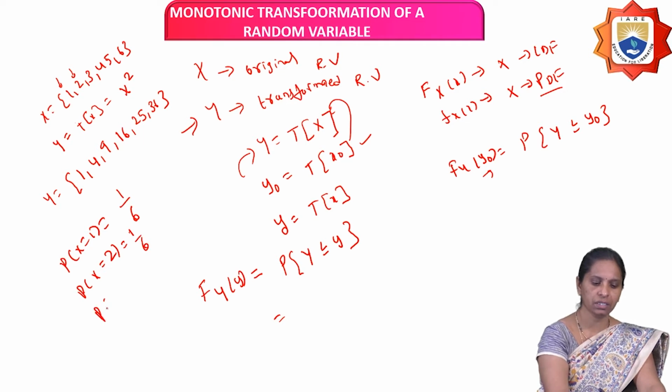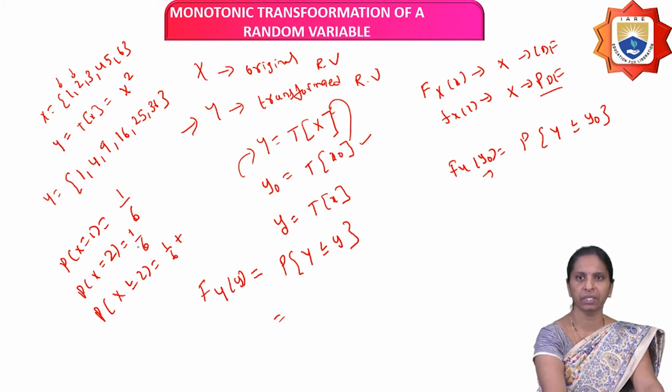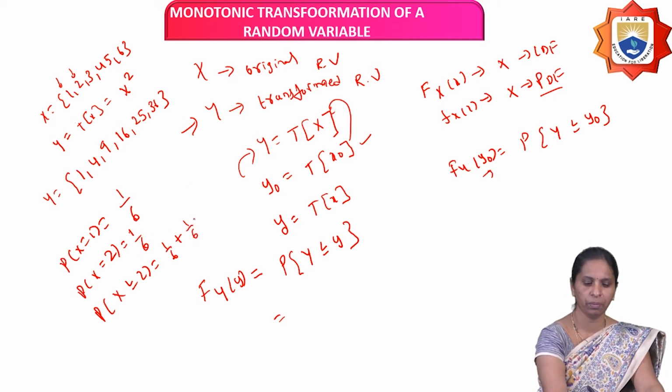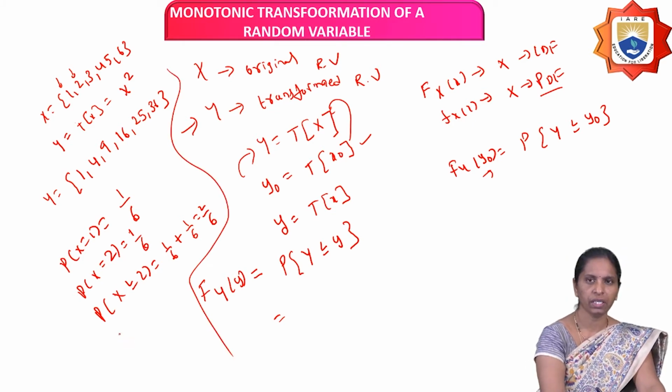Now, what is P of X less than or equal to 2? You have to take the probability that X equals 1 and the probability that X equals 2. The probability that X equals 1 is 1 by 6, and that X equals 2 is 1 by 6, so the total is 2 by 6. Now, what is the probability that Y equals 1?